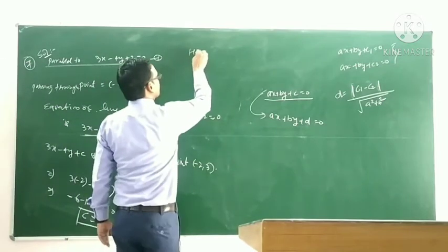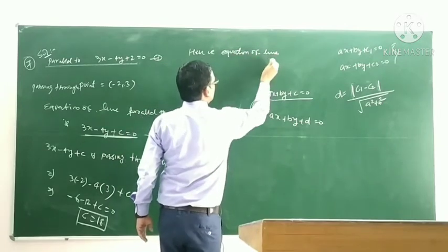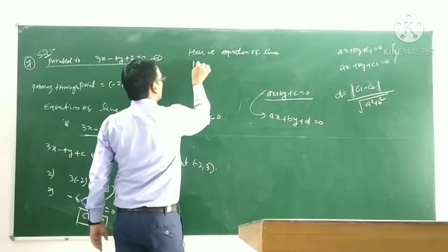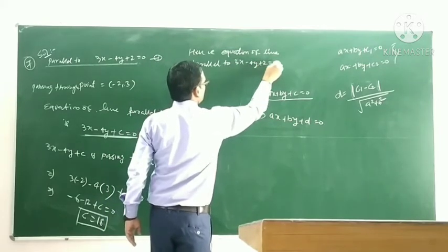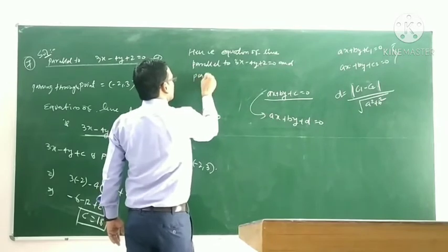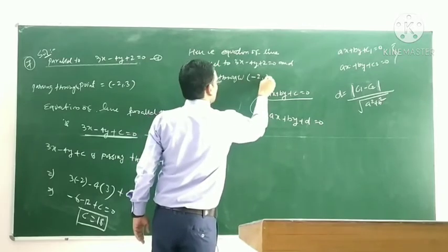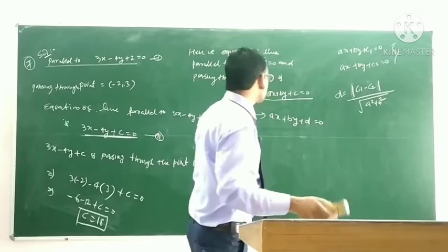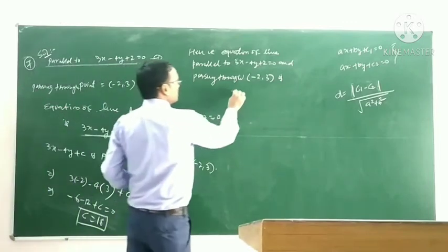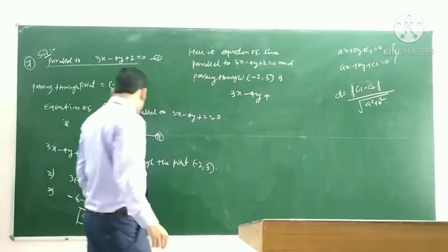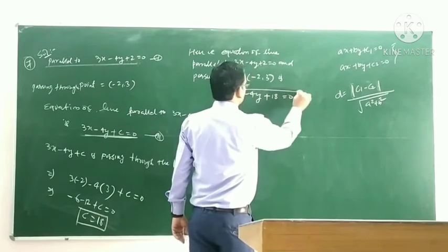Hence equation of line parallel to 3x minus 4y plus 2 equal to 0 and passing through minus 2, 3 is 3x minus 4y plus c, the value of c is 18, that means 3x minus 4y plus 18 equal to 0, which is your answer.